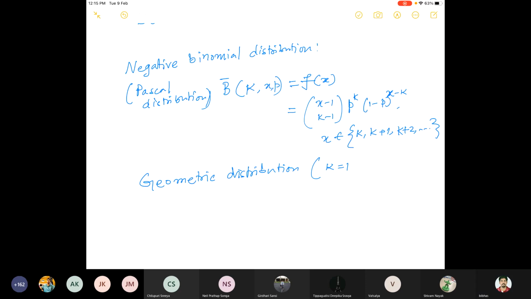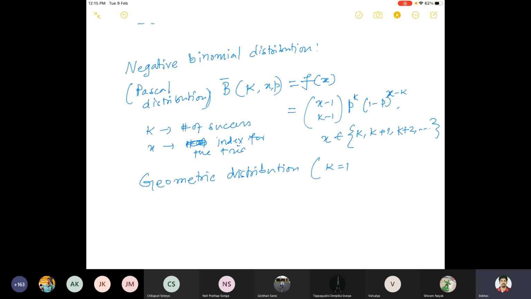This is what happens in the xth trial. So k is the number of successes here, and x is the trial number, the number of trials, or the index for the trial, on which you have that many k successes.